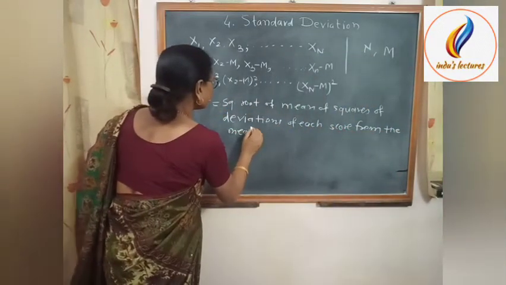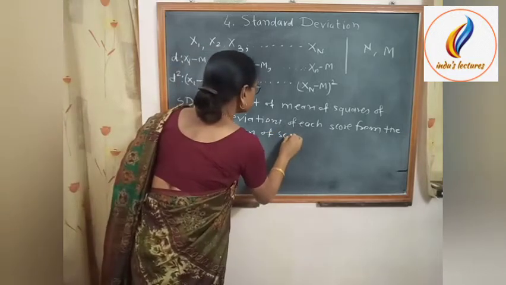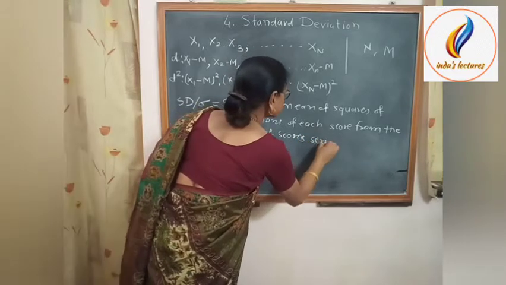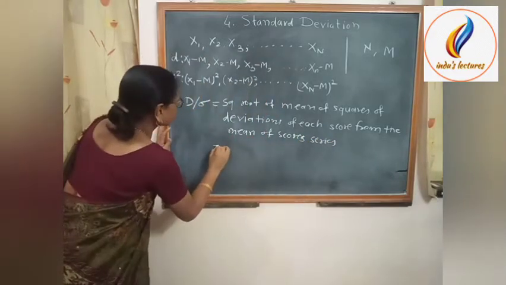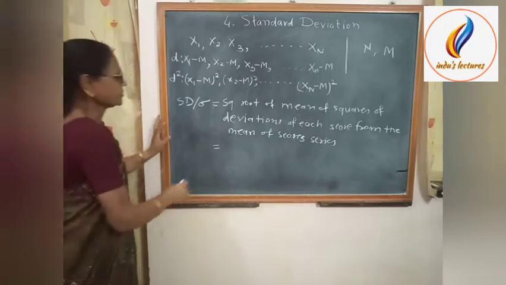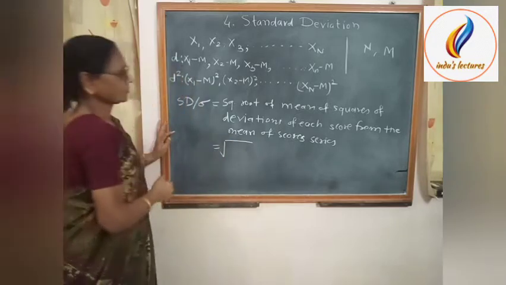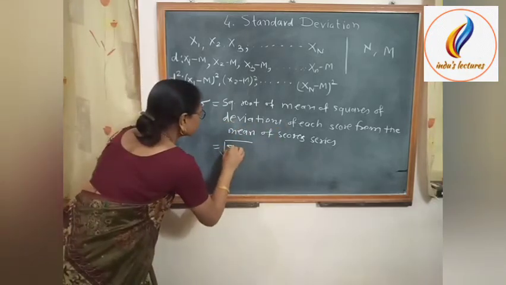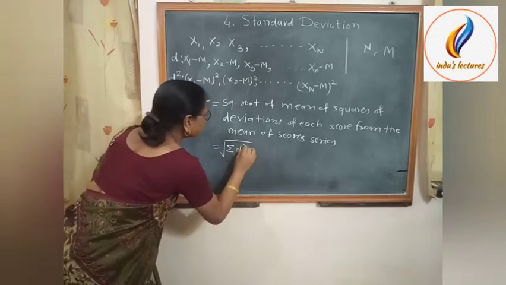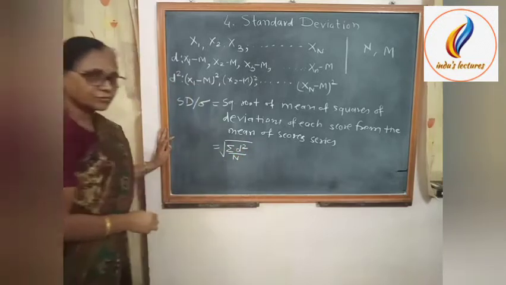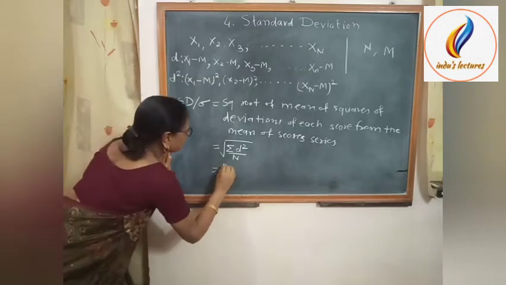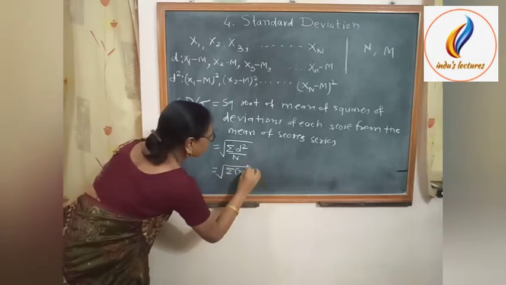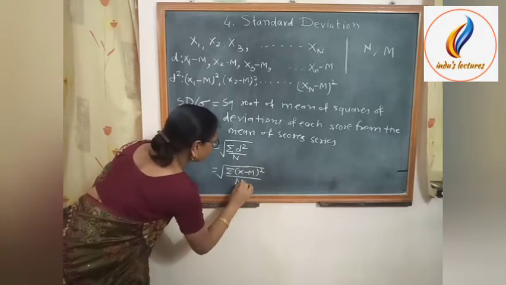That is the square root of the mean of squares of deviations. That means the square root of summation d square upon n, or we can write it as the square root of summation (x minus m) square upon n.